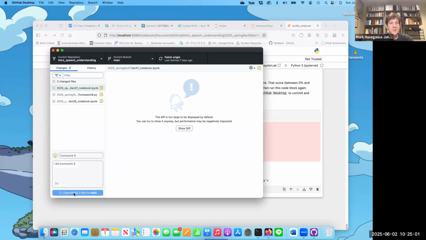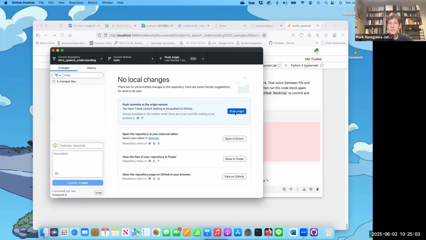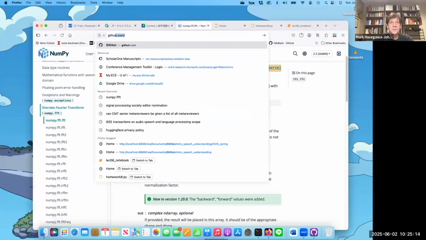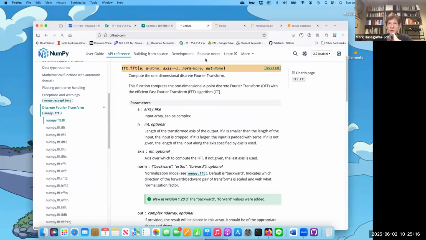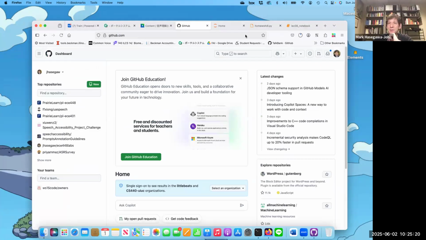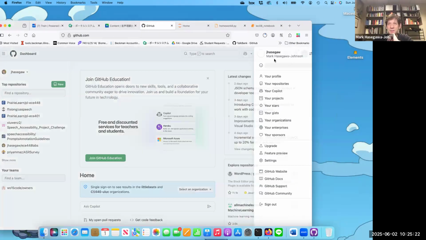And let me commit those 3 files. And now let me push that to the origin. And now if that worked all right, then we should be able to go to GitHub and see the result. I'm not sure if I'm logged into my teacher account today or my student account. Looks like I'm logged into the teacher account. So let me try changing to the student account.